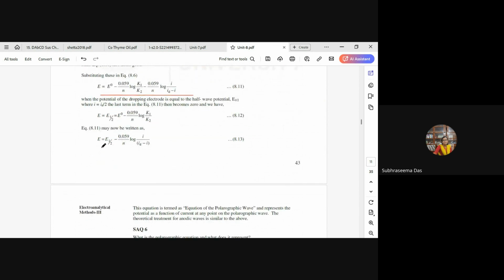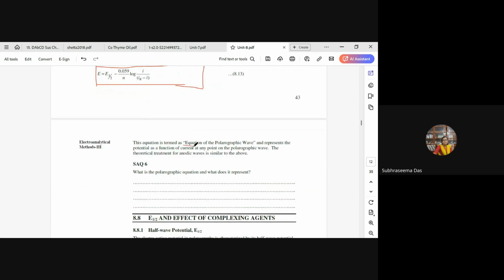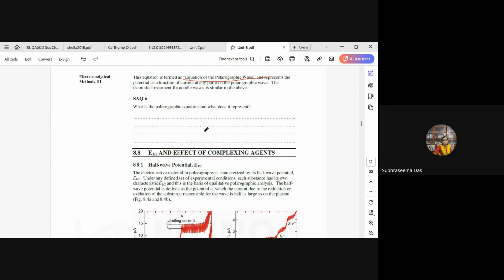So substituting the value, we can write equation 8.11 as equation 8.13, that is E is equal to E half minus 0.059 by n into log of I by ID minus I. Now this equation is called the equation of the polarographic wave, and it represents the potential as a function of current at any time period of the polarographic wave. So this is a very important equation for polarography.